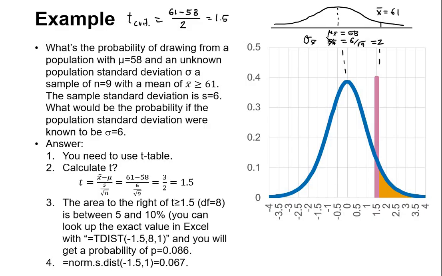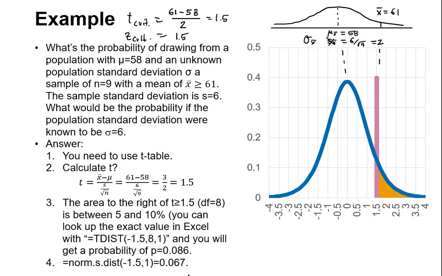But now we would have to look up the critical z-score, which is also the area to the 1.5. But it turns out that there is more certainty if we know the population standard deviation. So that means there is less spread around the mean, and the probability associated with a known population standard deviation should be much less.